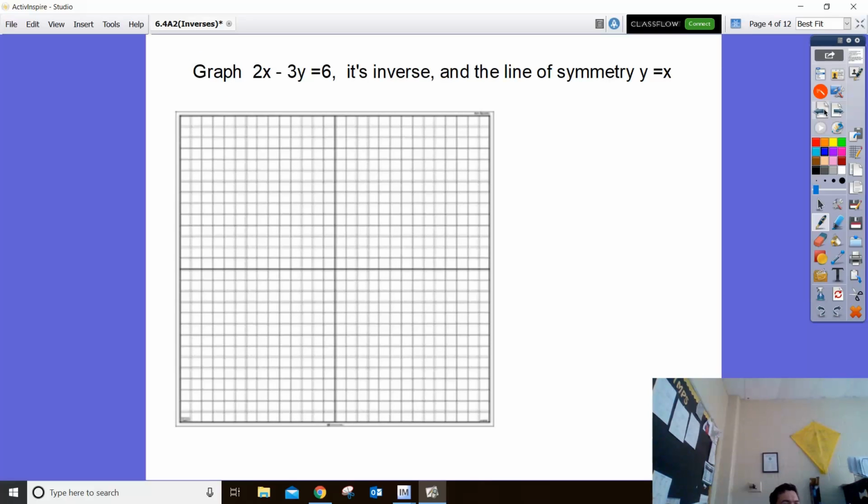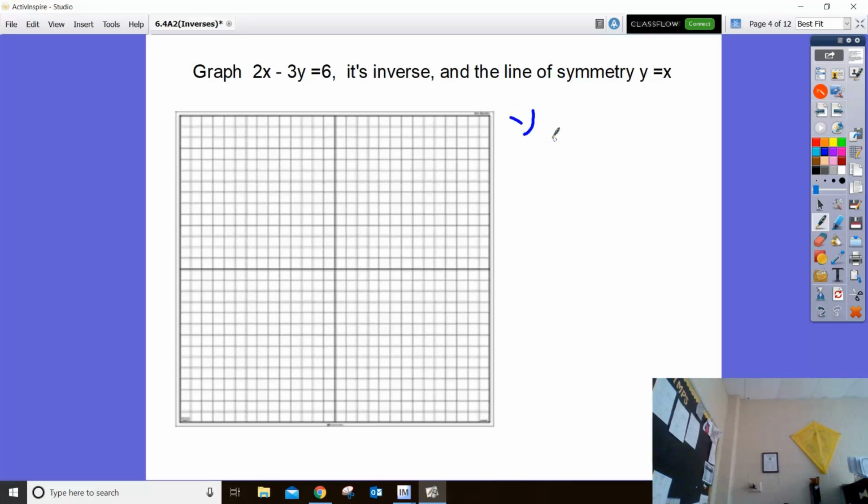Graph 2x minus 3y equals 6, its inverse, and the line of symmetry y equals x. Well, let's start graphing. It says graph 2x minus 3y equals 6. What form do you want that thing in? I put it in y equals mx plus b. That's me, though. So where's 2x go?